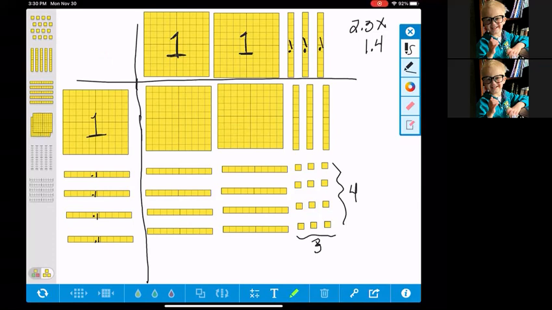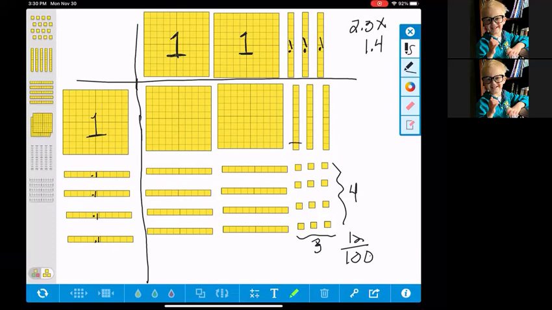4/10 times 3/10 is 12/100ths. Goodness, what is going on with this pen? Sorry. Yeah, so by using the blocks, it helps start to develop, right? The blocks are so important and special because of this. They show the magnitude of these numbers. So we can start to see why a 10th times a 10th makes us something smaller, right?